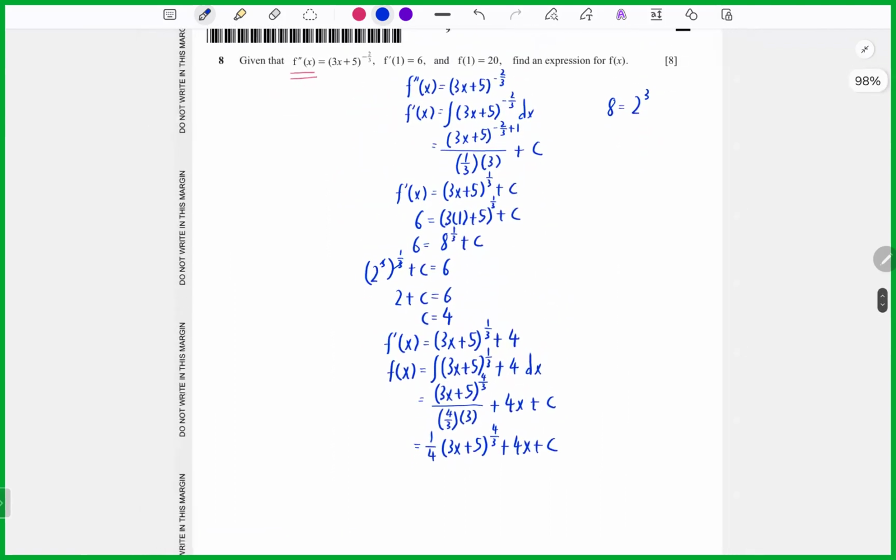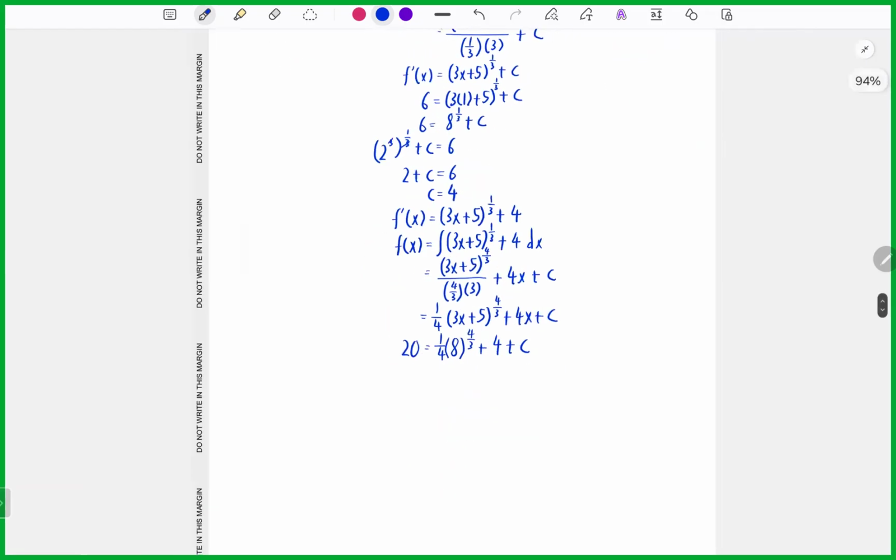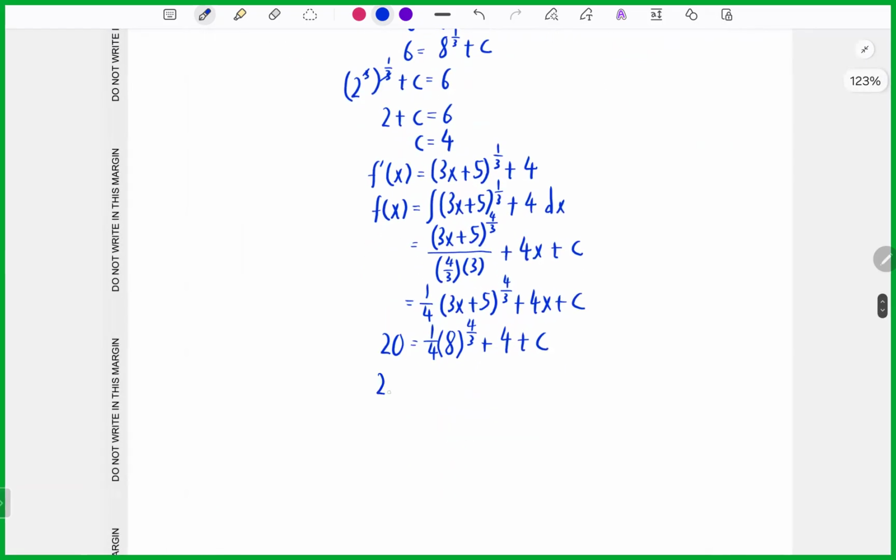So I can try to write out first: 20 equals 1 over 4 (8)^(4/3) plus 4 plus c. So 20 equals 1 over 4 bracket 2 to the power 4 plus 4 plus c. 16 divided by 4, you will get 4, plus 4 plus c.